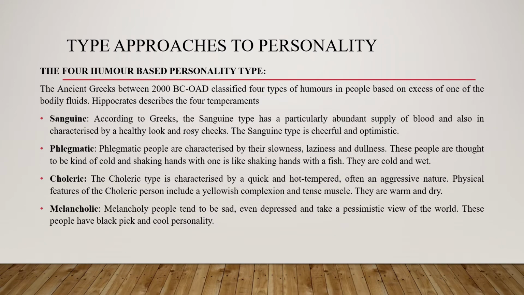The next one is melancholic. Melancholic people tend to be sad, even depressed, and take a pessimistic view of the world. These people have a black bile and cool personality.